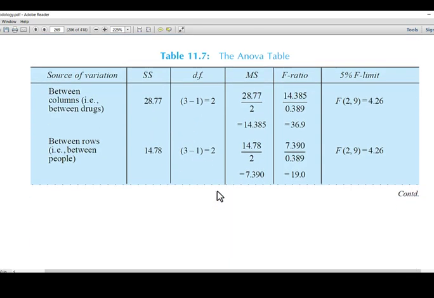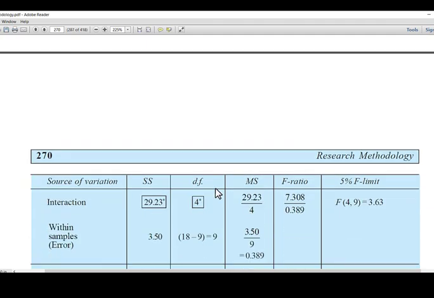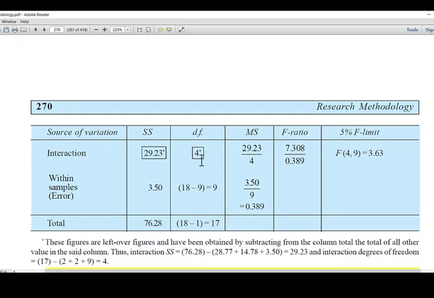And then coming to the interaction, here it is 4, and within samples 18 minus 9, that is 9, and total is n minus 1, that is 17.